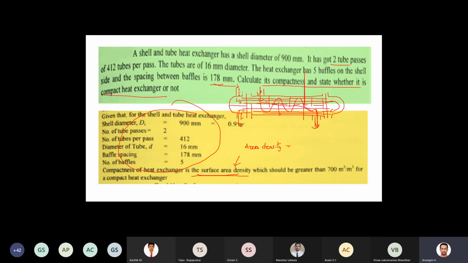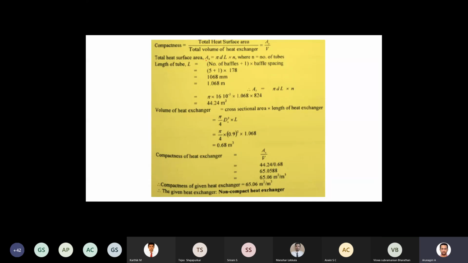Area density is heat transfer area divided by volume of the heat exchanger. If it is greater than 700 meter square per meter cube, it is a compact heat exchanger. It should be greater than that, so we have to check that.